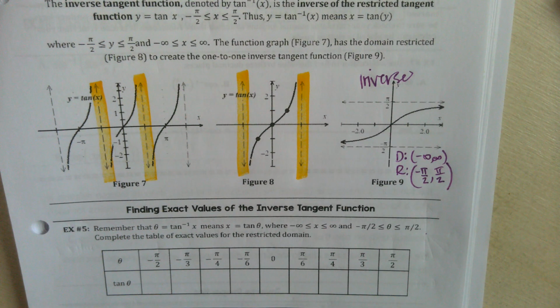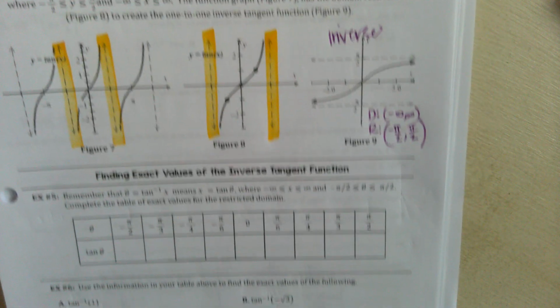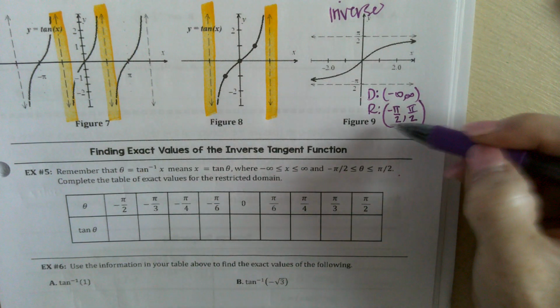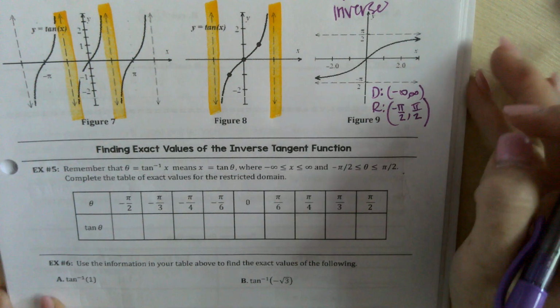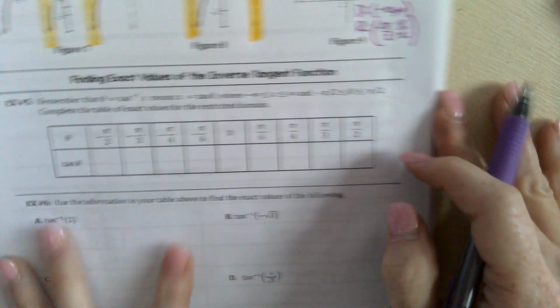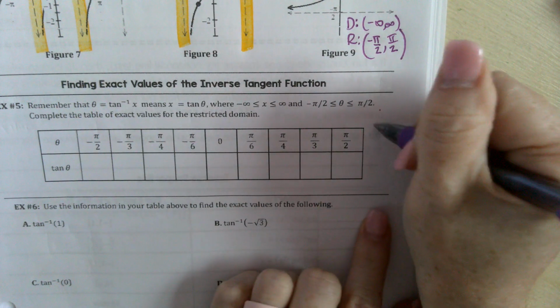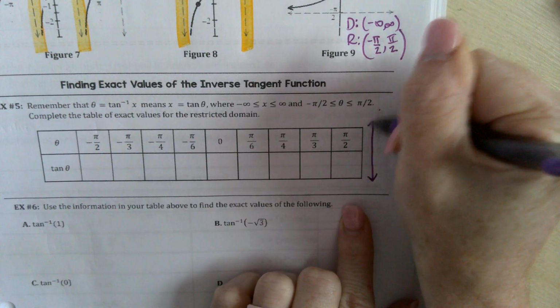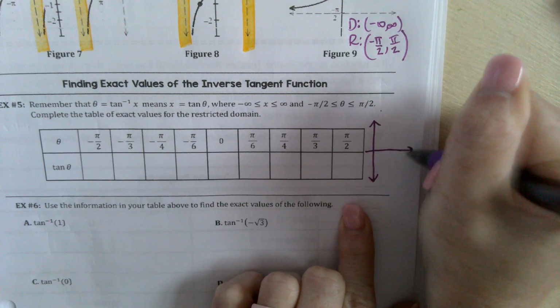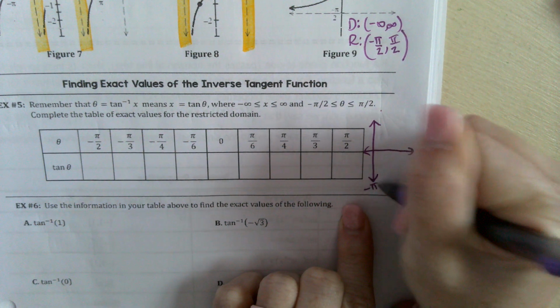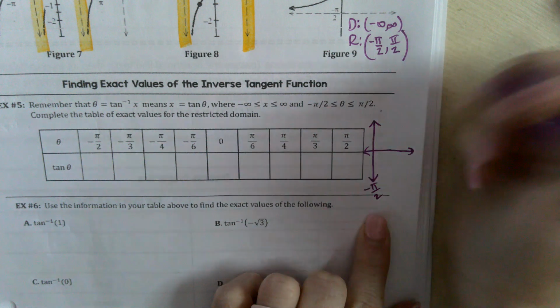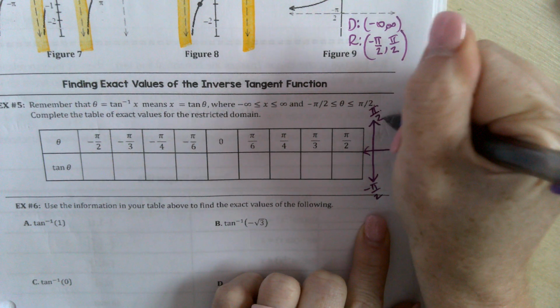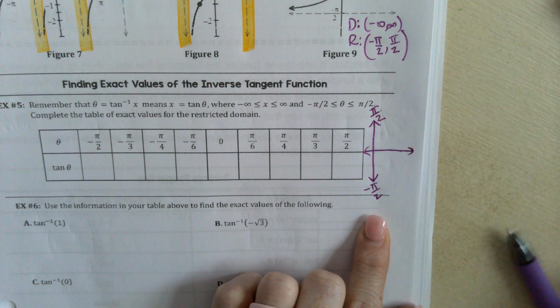Excellent. Okay, so right here, because I'm restricted to negative pi over 2 to positive pi over 2. Well, negative pi over 2, once again, is down here on the bottom part of the y-axis, and positive pi over 2 is up here.